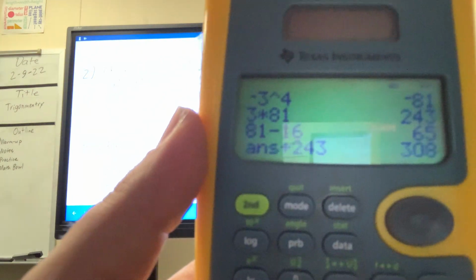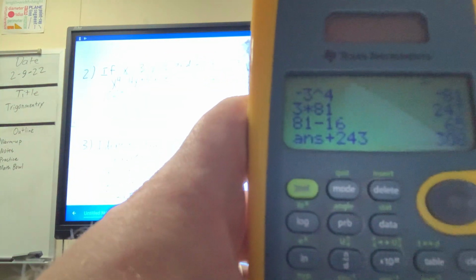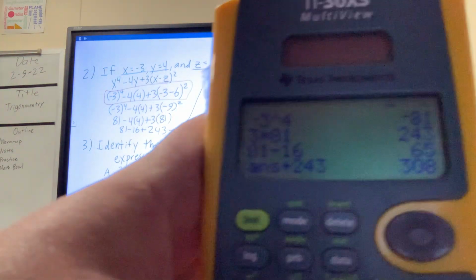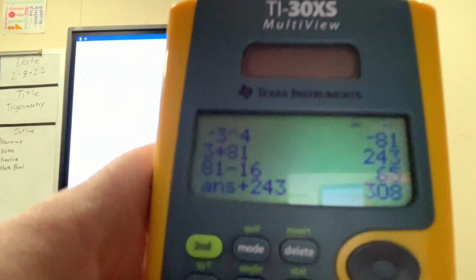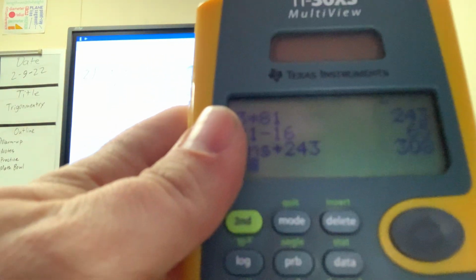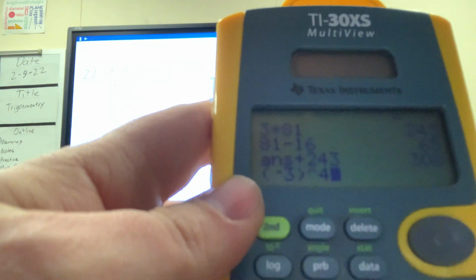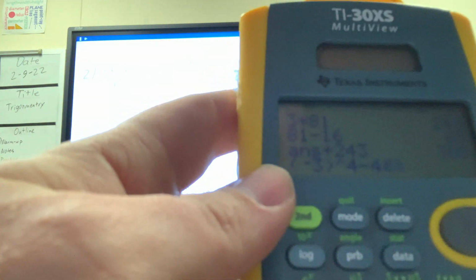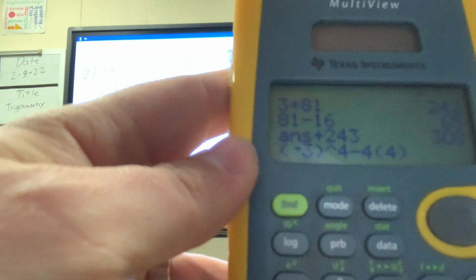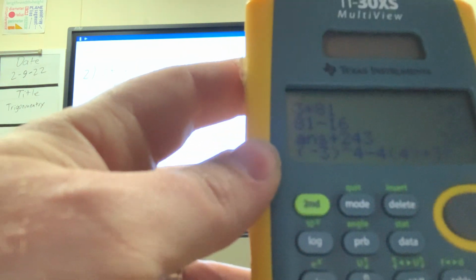I'm behind the screen, so I'm going to do parentheses. Let me make sure I've got it centered. Okay. I'm going to do parentheses, negative 3 to the 4th, minus 4 parentheses 4, plus 3 parentheses.